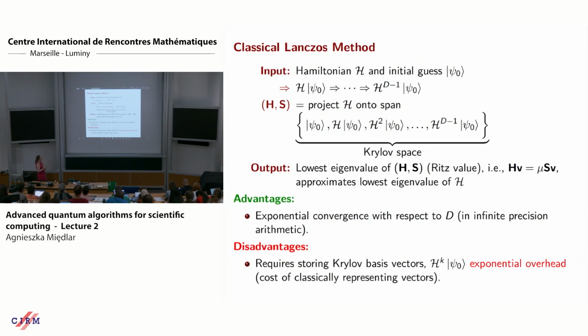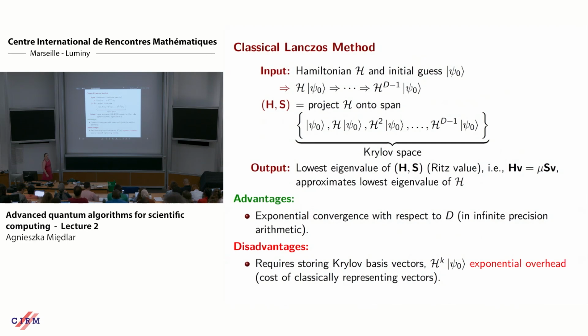So how do we do it? We have our Hamiltonian H and the initial guess. We have to be able to apply this Hamiltonian to the initial guess to get the set of initial states or basis states.